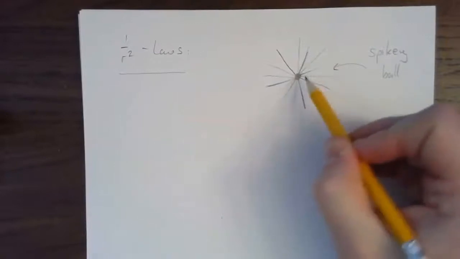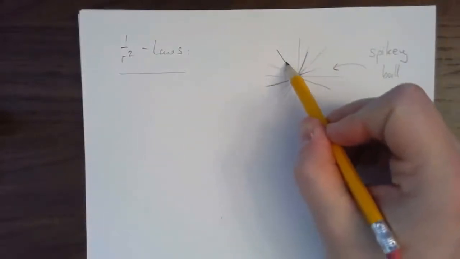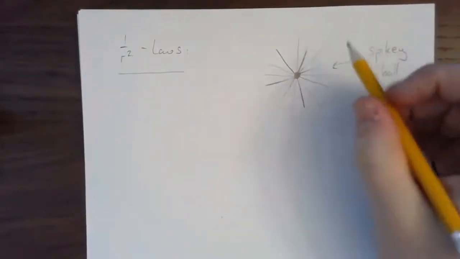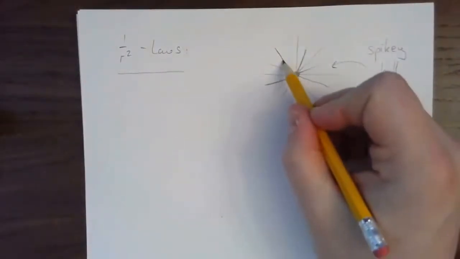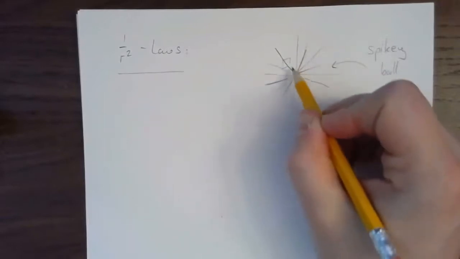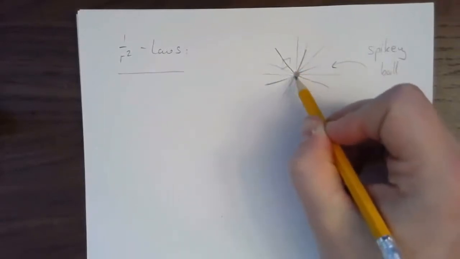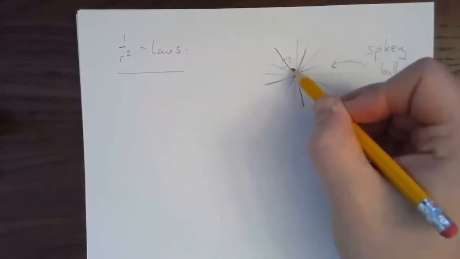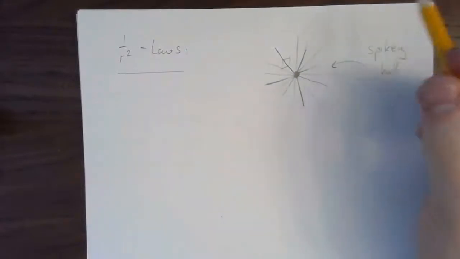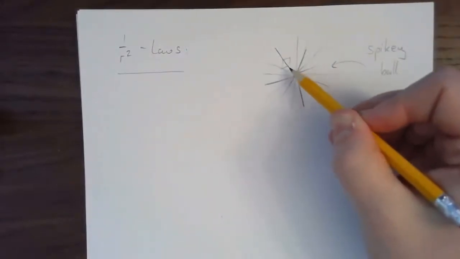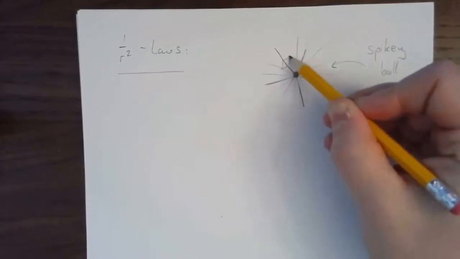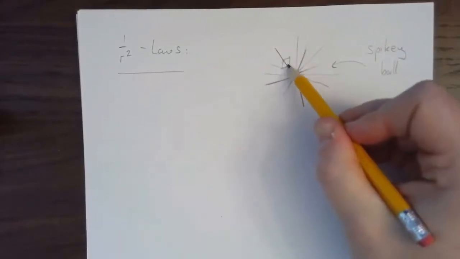Now, imagine I have a little window of fixed size that I'm holding a certain distance from the ball, and you should imagine I have lots more spikes than I was able to draw here. Then I can count the number of spikes that go through the window. The way I've drawn it isn't many, but if I draw 1,000,000 spikes, maybe I don't know, 1,000 spikes go through my window.